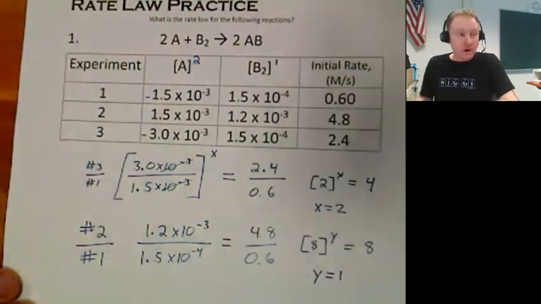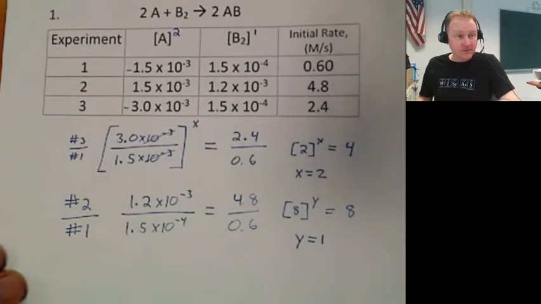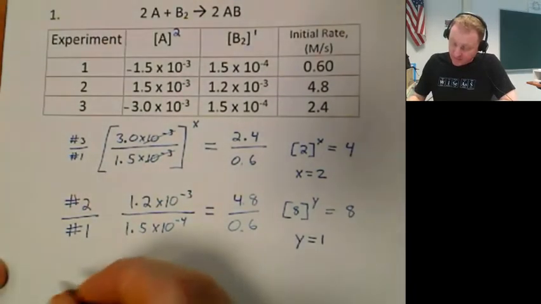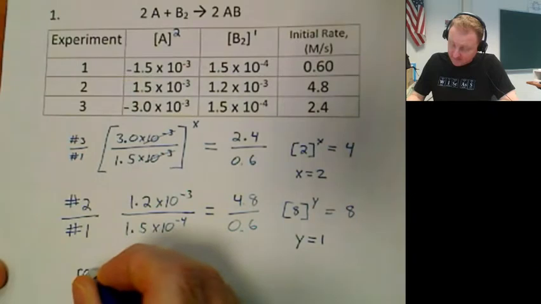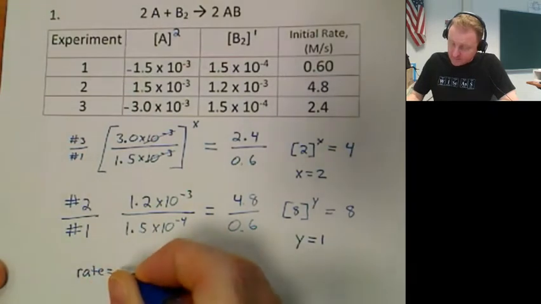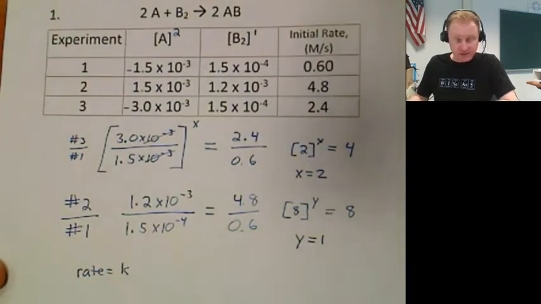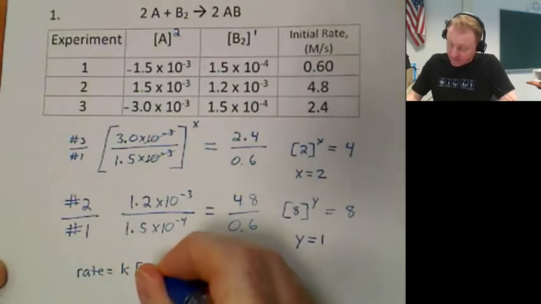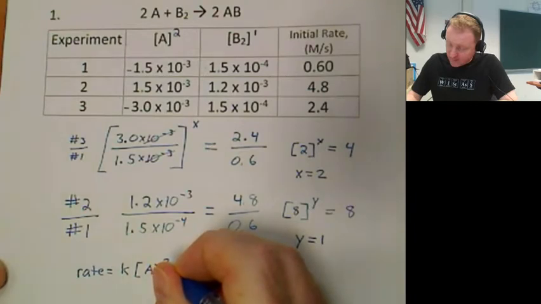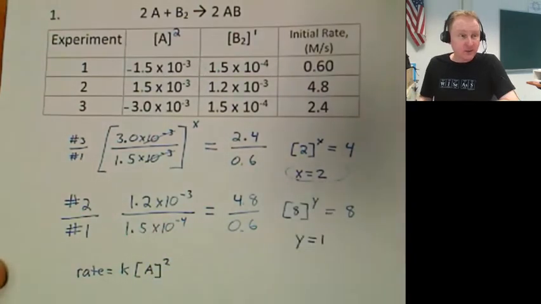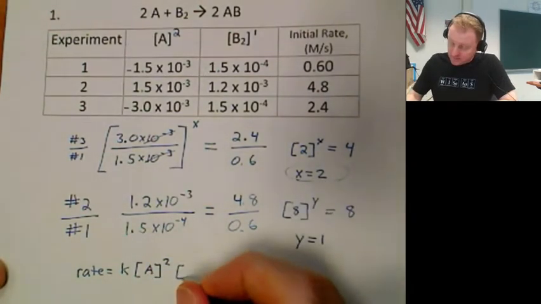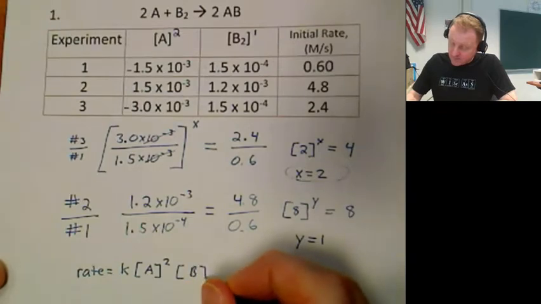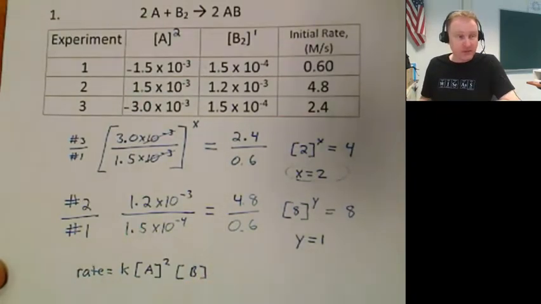Now we know our formula. We just figured out the formula for this. The formula is that the rate equals some k, some unknown constant, which we're going to figure out right now, times the concentration of A squared, since we just determined that A was second order, times B to the first order, and I don't have to put the 1 up there.